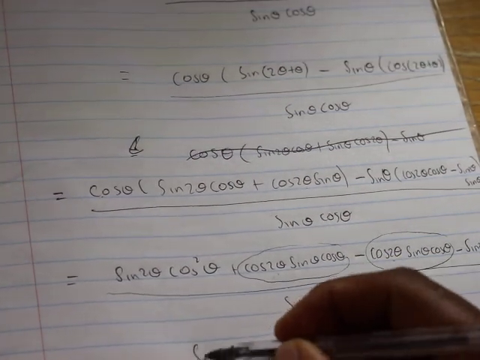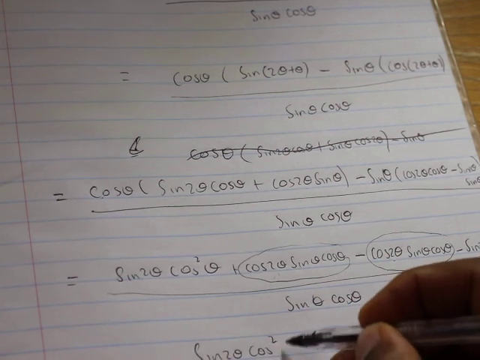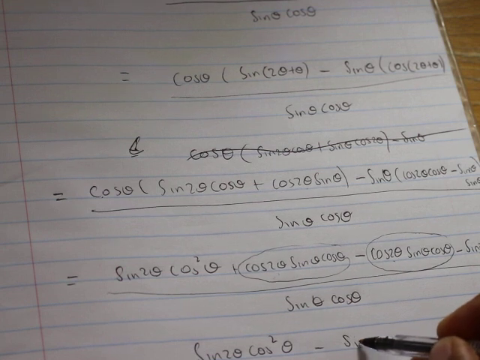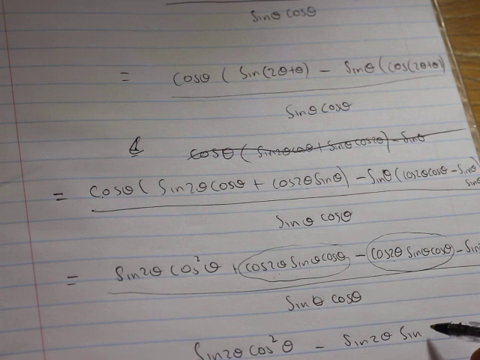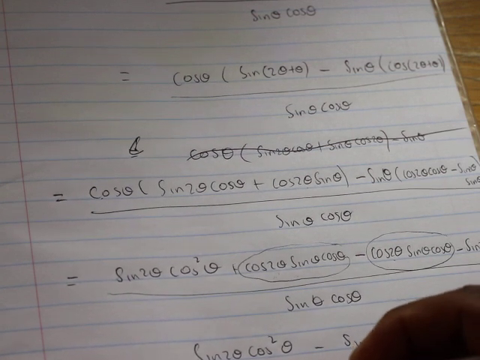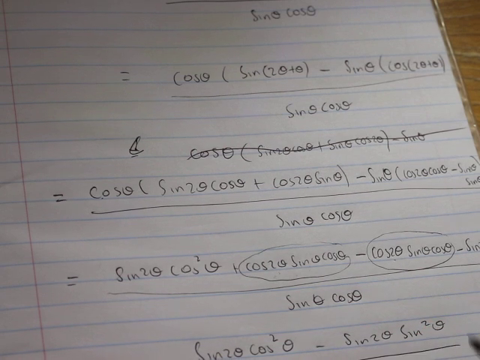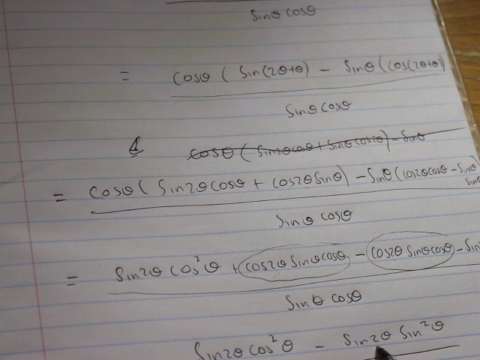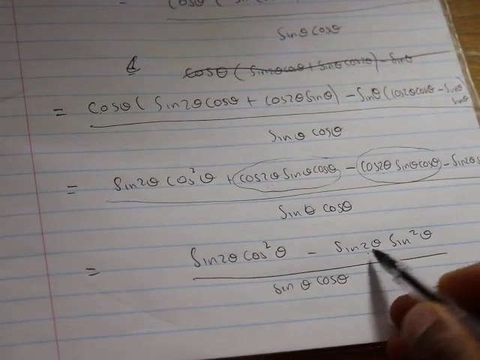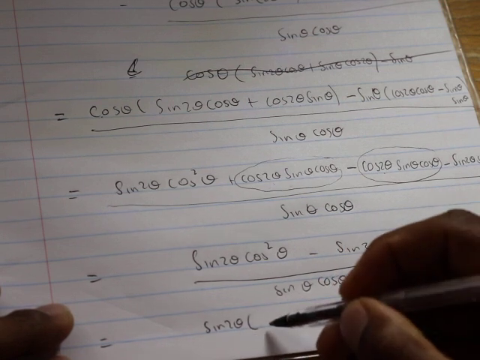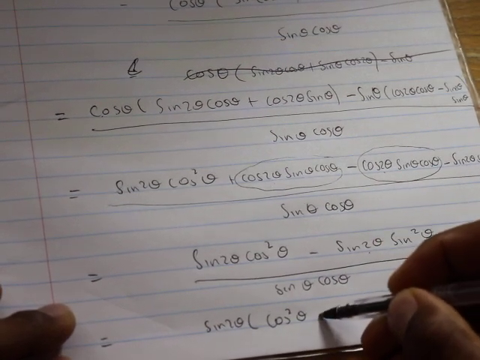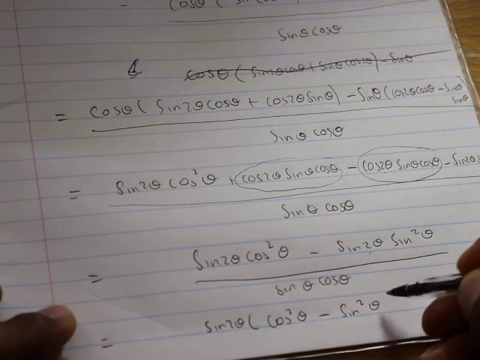So basically what we're going to be left with is sine 2 theta cos squared theta, and then minus sine 2 theta sine squared theta. And there's something beautiful about this because it seems like there's a common factor, right? Sine 2 theta, sine 2 theta. So let's take that out. If we take out sine 2 theta, we're left with cos squared theta minus sine squared theta.